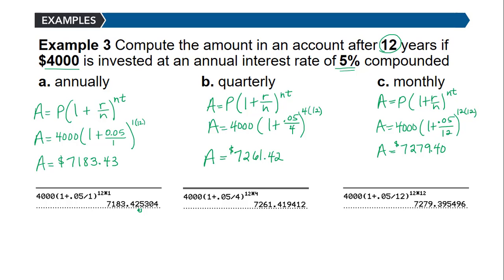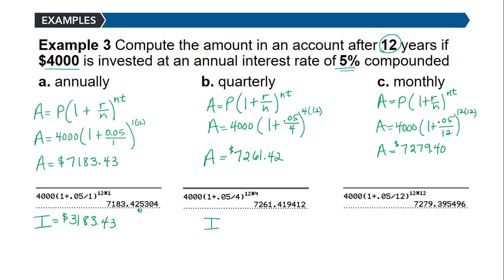Now, a question that you might ask is how much interest did you earn on that account in the 12 years? So if you subtract off your initial investment of $4,000, you're left with how much interest you earned in that time. So in this first account, the interest that we actually earned by taking off 4,000 would be $3,183.43.